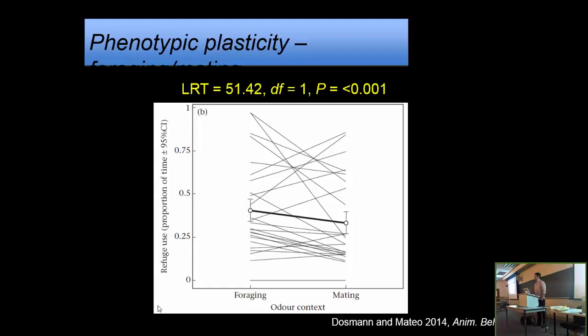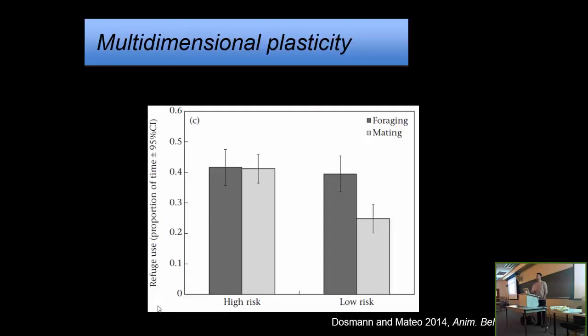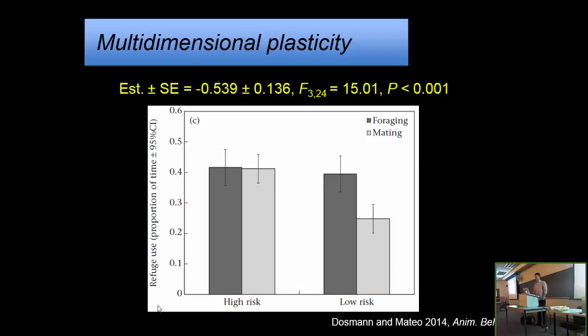Now, when we look at multidimensional plasticity, so to evaluate both of these environmental variables and their effect on behavior together, we see that there's a fairly strong interactive effect, that individuals spend the least time in the burrow, the lowest level of anti-predator behavior, in the low-risk mating situation.